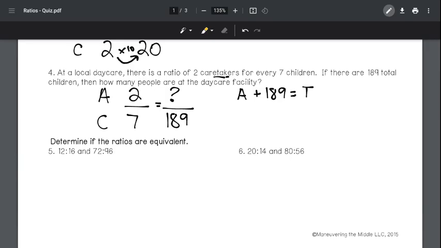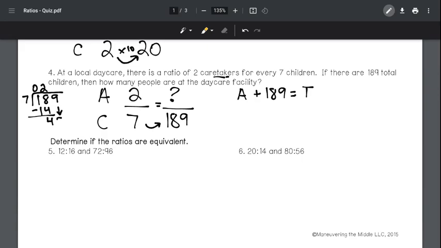Okay, so step 1, figuring out how to go from 7 to 189. You can do guess and check and just pick a number and multiply it by 7 and see where that gets you. The other way you can do it is divide. So we could do 189 divided by 7. 7 does not fit into 1. 7 fits into 18 2 times. 7 times 2 is 14. Subtract. We're left with 4.